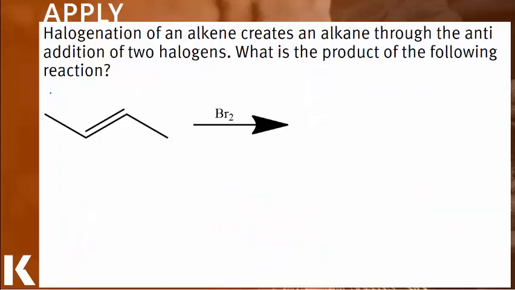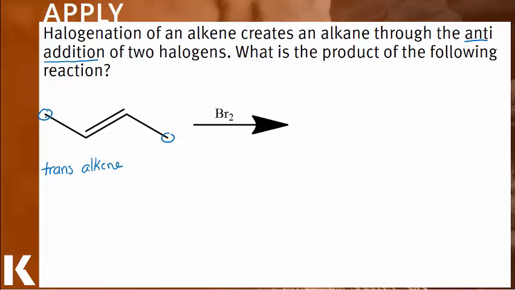So in our first example, we see halogenation of an alkene creates an alkane through the anti-addition of two halogens. And we want to know what the product of this reaction will be. Now, looking at our reactant, we see that we have our two methyl groups on opposite sides of the double bond. So we're starting with the trans alkene.